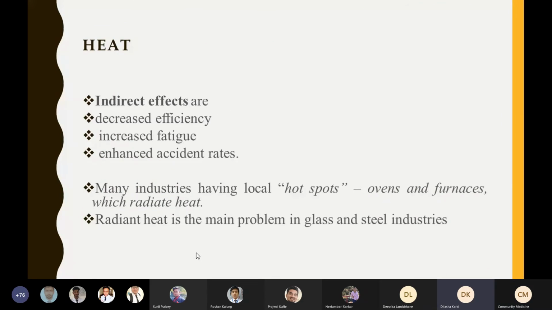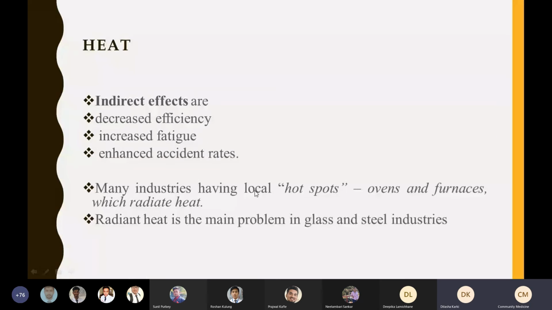Now, the indirect effects of heat are decreased efficiency, increased fatigue, and enhanced accident rates. Definitely when we need to work in a very high heat environment, the production level will be less. We easily get very tired or fatigued, and if the working hours are more, there are chances of facing accidents.